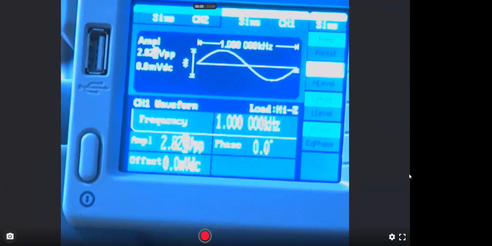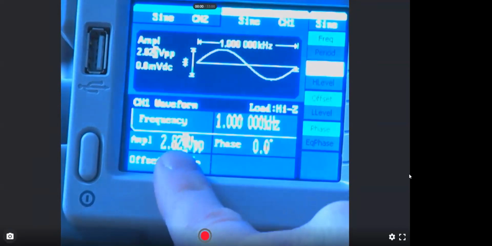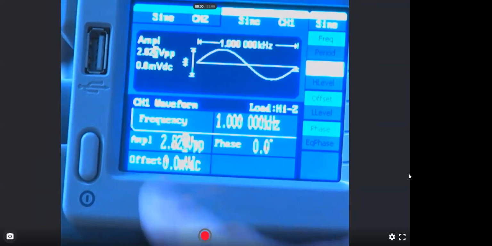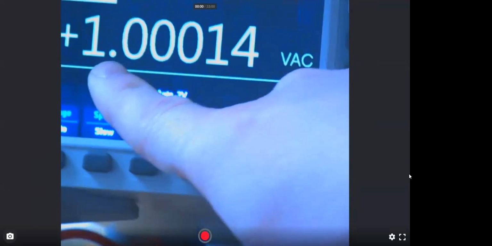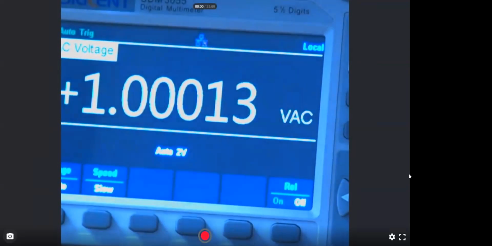That is freaking sweet. So where I found my happy ground is at 2.822 volts peak to peak. On my meter, I've got 1.00013 volts. Everybody with me?